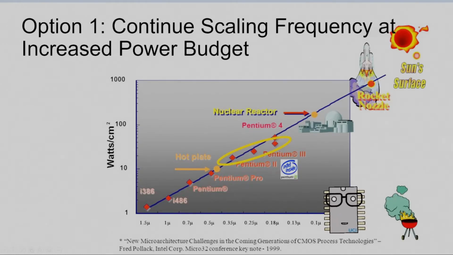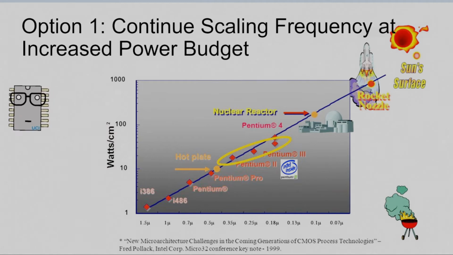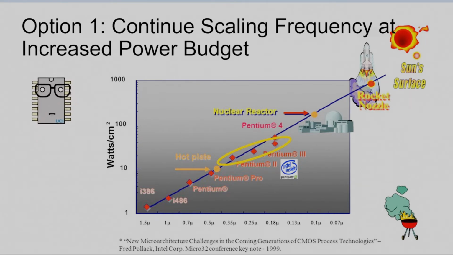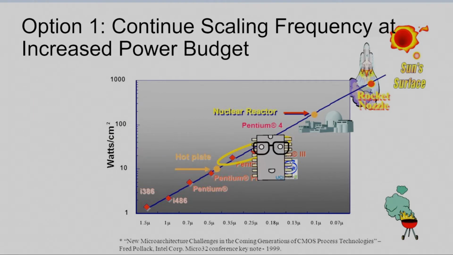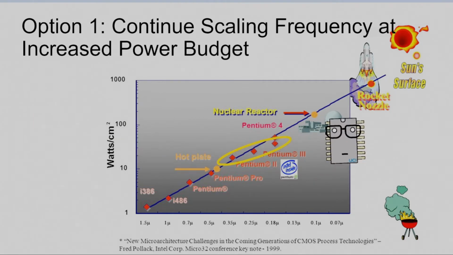Here's a very famous chart, which was put out by Intel back in 1999. If we had continued scaling the frequency of the processor while just eating the increased power budget, the projection was that by the time the processor manufacturing technology reached 100 nanometers, the power density of the chip would have reached the levels of a nuclear reactor.